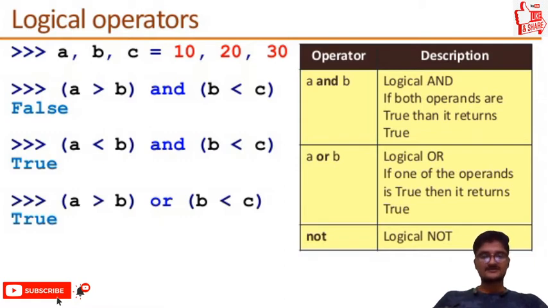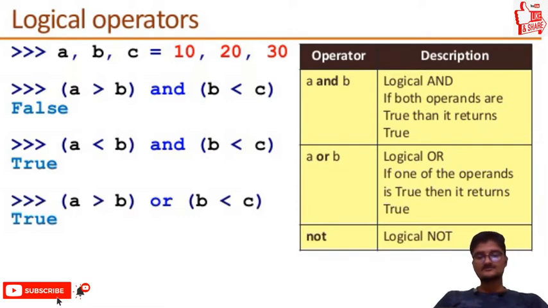In an OR operation, if any of our input values is true, then we get a true result. So here a is greater than b, 10 is greater than 20, this is false. But 20 is less than 30, this is a true operation. So we must get a true result over here.